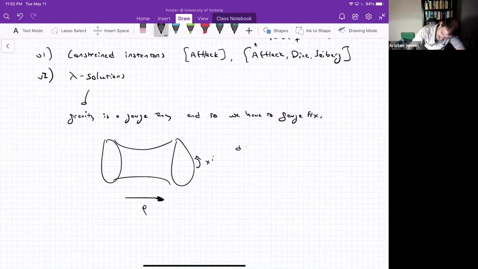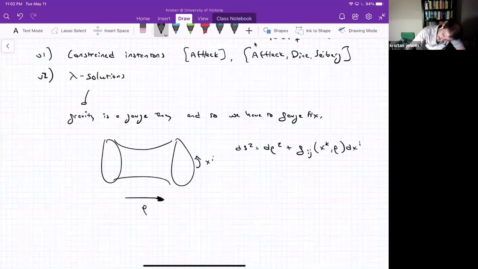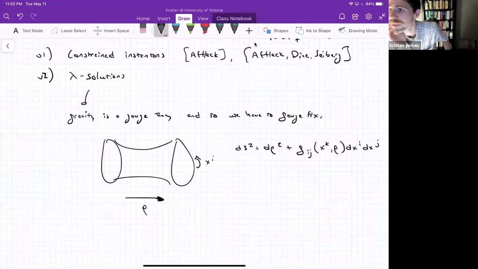We can fix that the line element is d rho squared plus some residual metric g_ij(x, rho) dxi dxj. So in other words, we can fix the rho component of the metric to be 1 and the mixed components rho i to be 0.